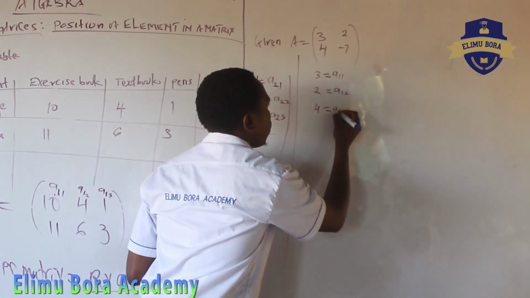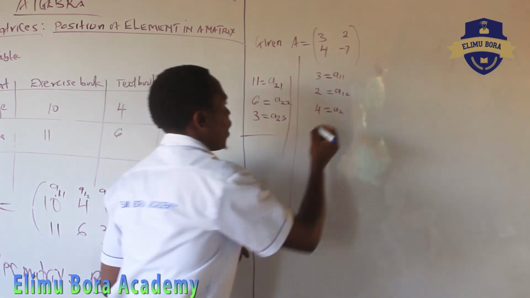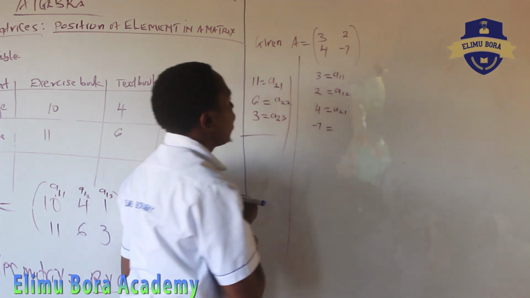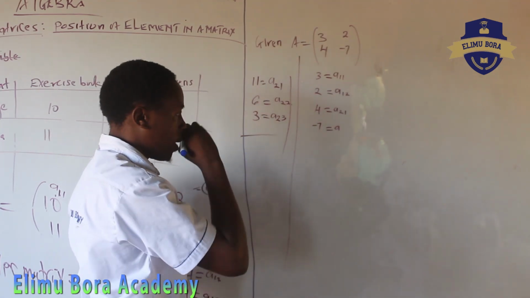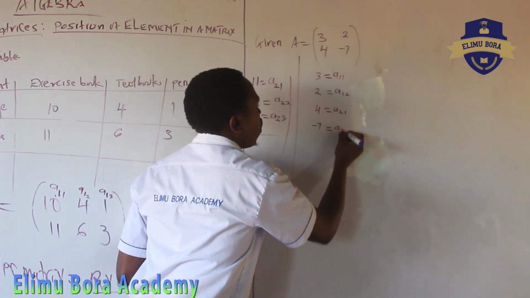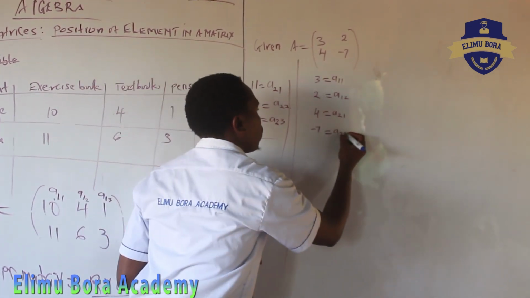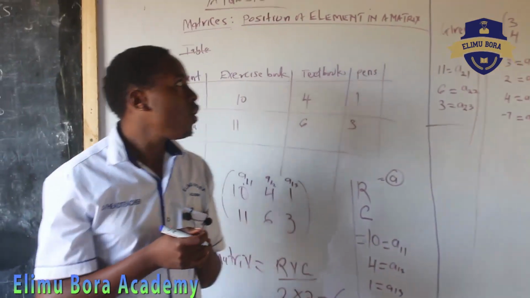The row will be 2. And the column of it will be what? 1. So let's go to negative 7. Now, the row of it is what, class? 2. And the column? 2. So those are the positions of the elements in the matrix.